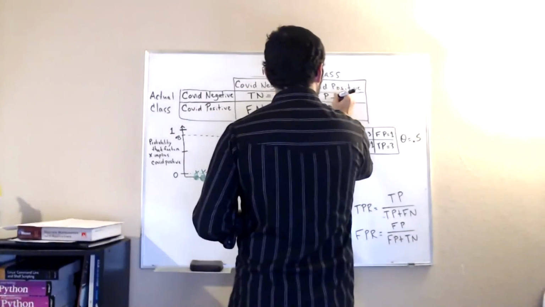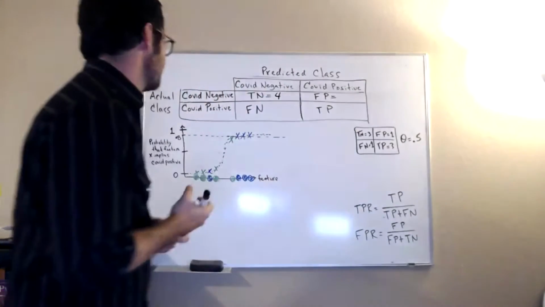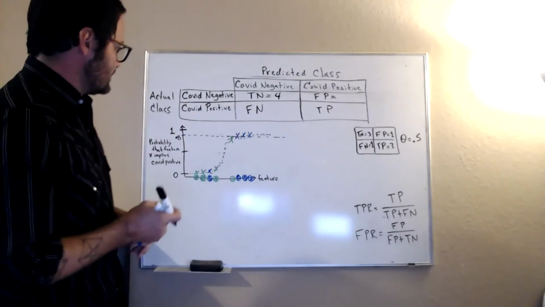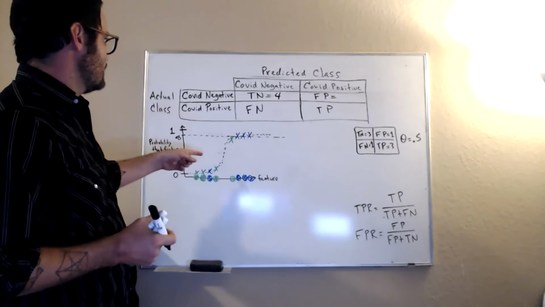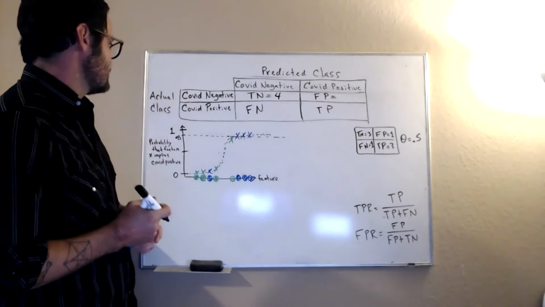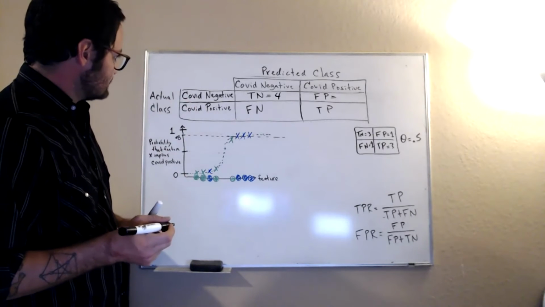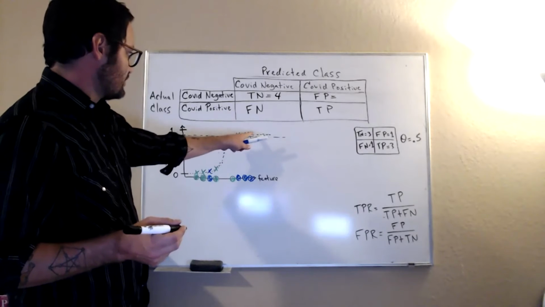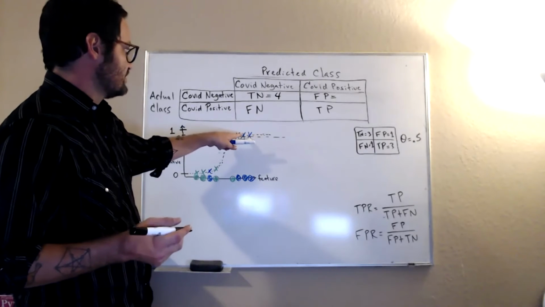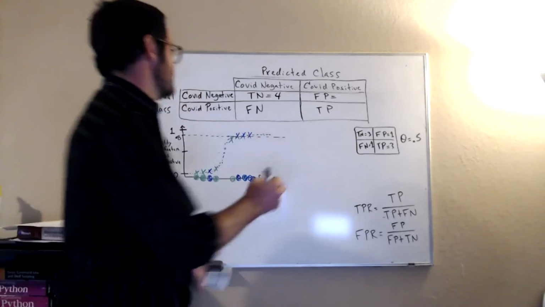But now, if we look at our false positives, how many did we predict were positive that happened to be actually negative? These are all the ones that we would have predicted to be positive, and they are positive, so this would be 0.